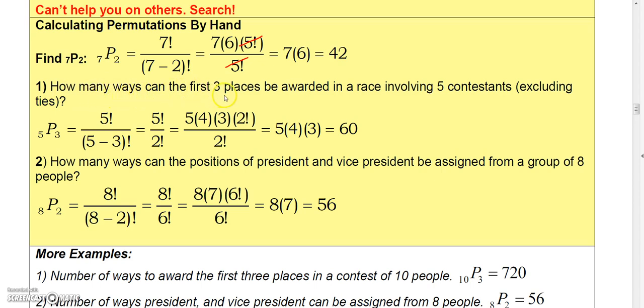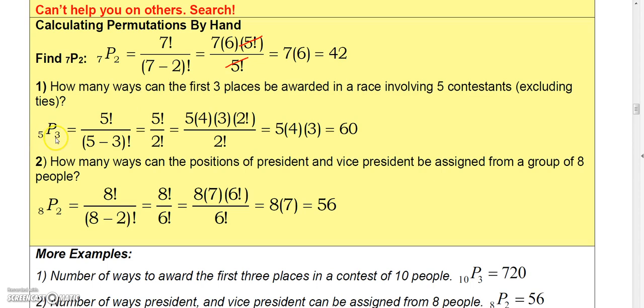Now here's an example of where you would want to use a permutation. How many ways can the first 3 places be awarded in a race involving 5 contestants? Now again, we're not using all of the 5 contestants here, so we're going to only use 3, and since the order is going to matter here, it'll be a permutation problem.